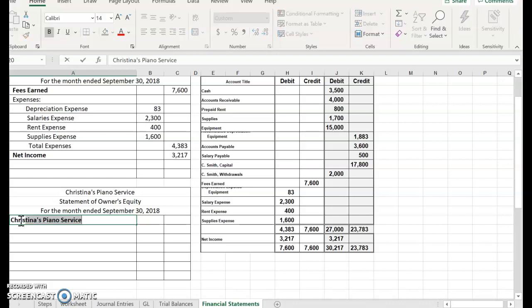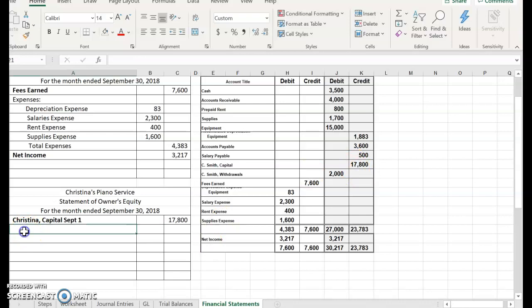So we have Christina, capital, September 1, and it is for $17,800. And beginning capital is 17,800, so that's before you add net income to it, that's the number you would put.